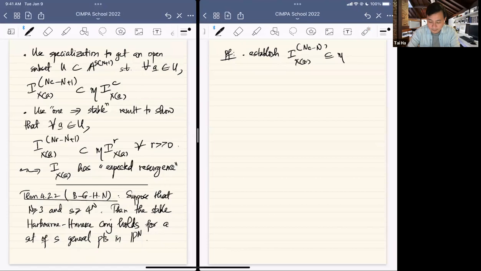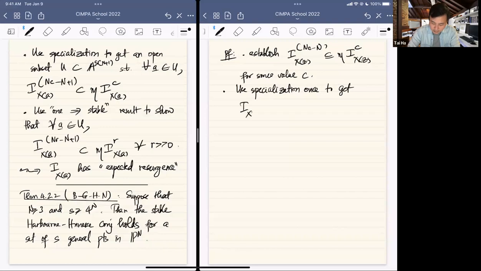Containing m of I of XZ to the power c for some value c. So once again, in this case, we actually prove that it's true for all c big enough, and then use specializations once to get I of X to nc minus n contained in m I, wait, sorry, this should be c.